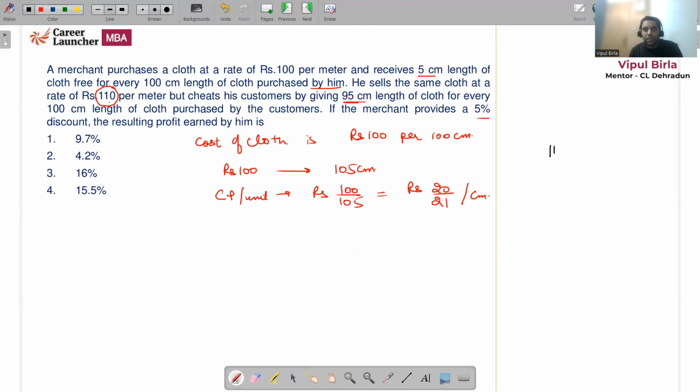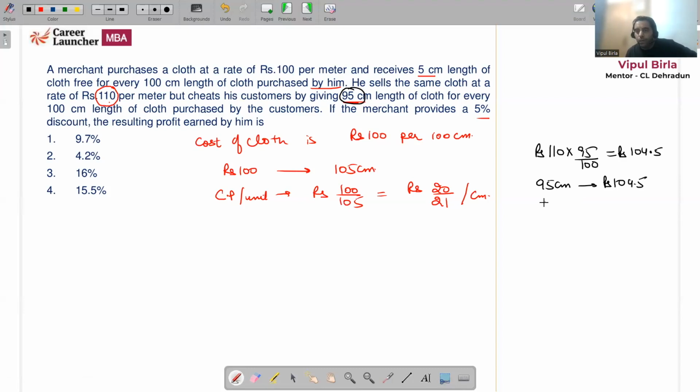So that means he's charging 95% of 110, which is 5% less, and that comes out to be 104.5 rupees, and he is giving 95 centimeter because he's cheating the customer by not giving the 100 centimeter. So 95 centimeter is given for rupees 104.5.